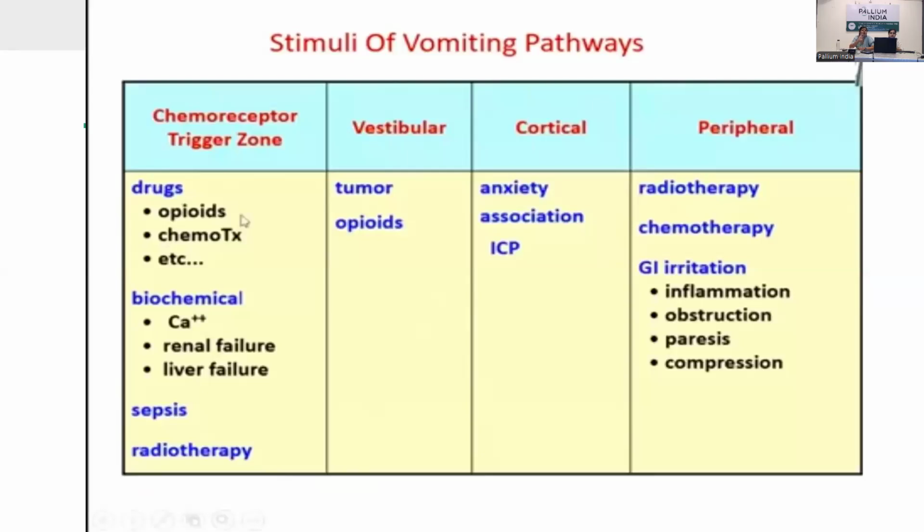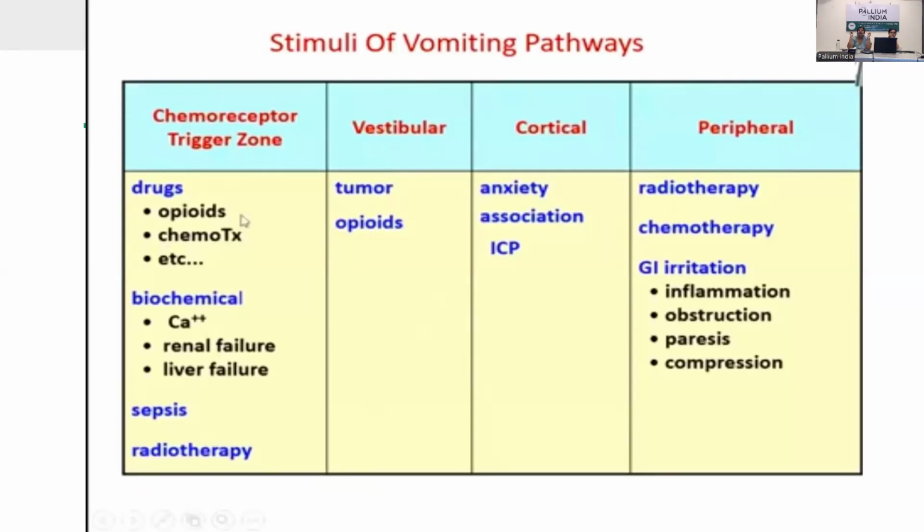Now the same thing that we told: in the chemoreceptor trigger zone, what all things will stimulate it? Like we told, opioids, chemotherapeutic drugs, biochemical causes like hypercalcemia. It will affect the CTZ, or renal failure, when the amount of urea and ammonia is increased.